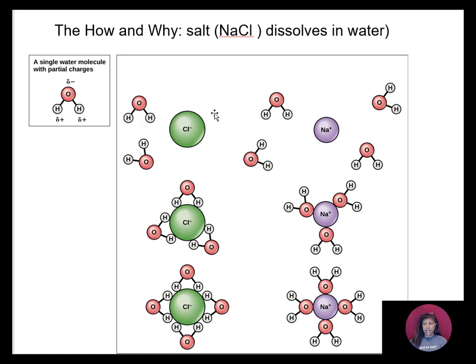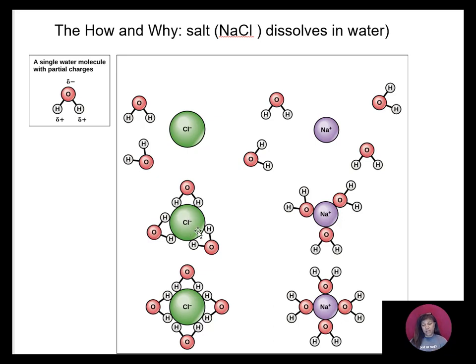So let's take a look at how salt is actually dissolved in water on the molecular level. So here we have our sodium and chloride. They were bonded together, but what happens is the chloride, which has a more negative charge, remember it's an ion, because basically it obtained the electron from the sodium.